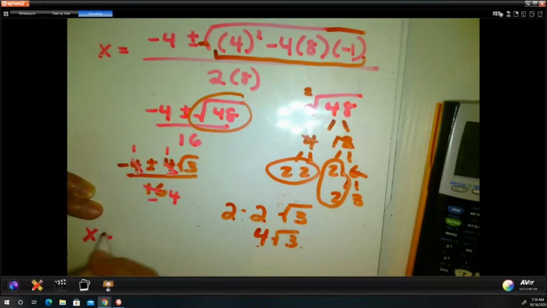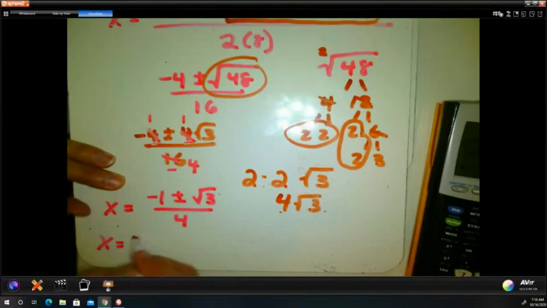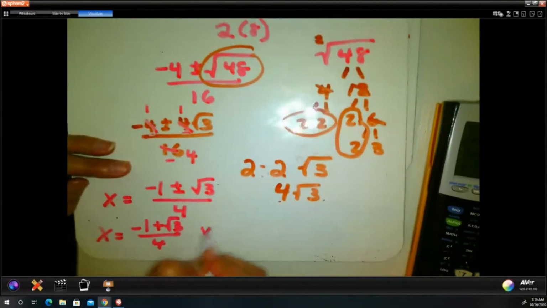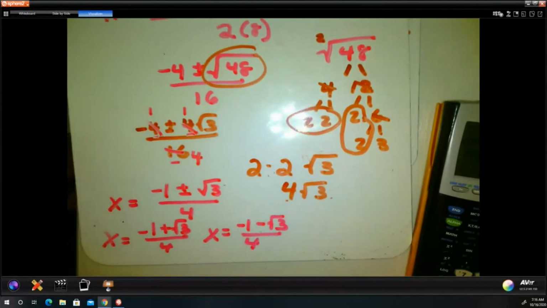My answer here is negative 1 plus or minus the square root of 3, over 4. I didn't break this one up because I had this square root, so it didn't really help to break it up. But this is still 2 solutions, which is great because a quadratic has a degree of 2, so it should have 2 solutions. All right, hope that helps.